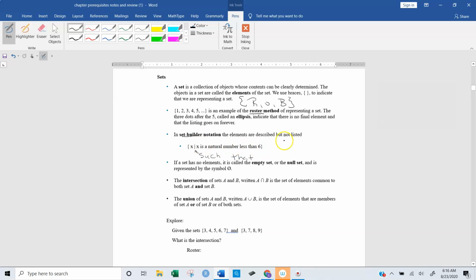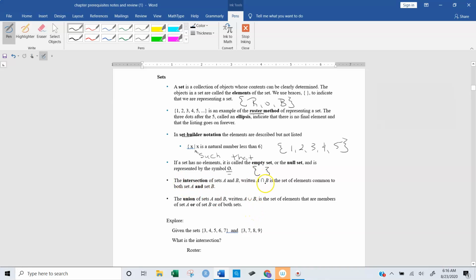So if I had to write this out in roster notation, that would be 1, 2, 3, 4, 5. All right, roster notation, set builder. See the difference? Empty set means there's nothing in it. It can be written with this symbol, which is the null symbol, or it can be 2 sets of parentheses with nothing inside. Both of these are identical.